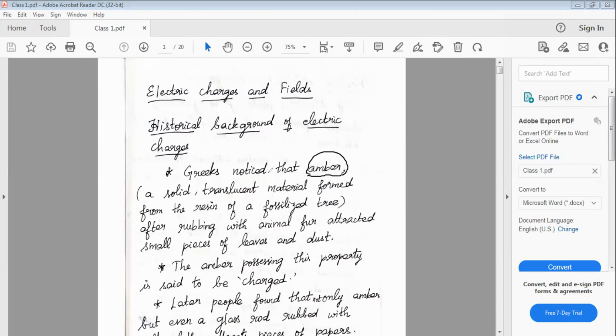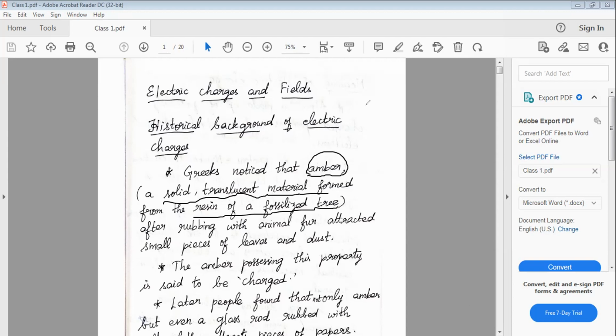Amber is a solid material formed from the resin of a fossilized tree. When they rubbed this amber with animal fur, they found that the amber got the ability to attract small pieces of leaf and dust.